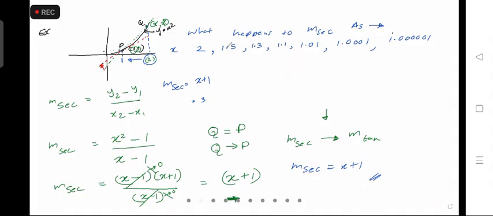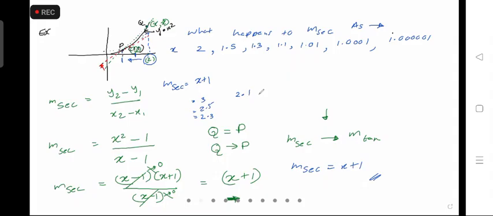Then if you apply 1.5, the gradient is 2.5, a little bit smaller than the previous one. Now it is becoming the exact tangent line direction. Then you can apply 1.3, then the gradient is 2.3. Then 1.1, the gradient is 2.1. Very nice.